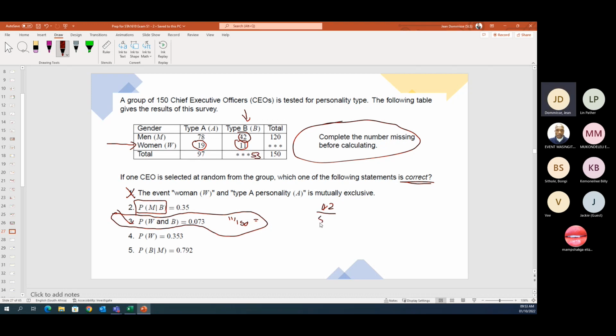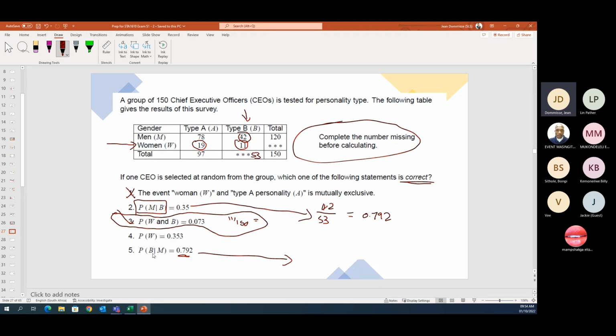So 42 divided by 53 is not going to give us that. That is for sure. 42 divided by 53 is 0.79, which is actually that one. Okay, so what will probably happen is that if we work out this answer, it will give us 0.35.